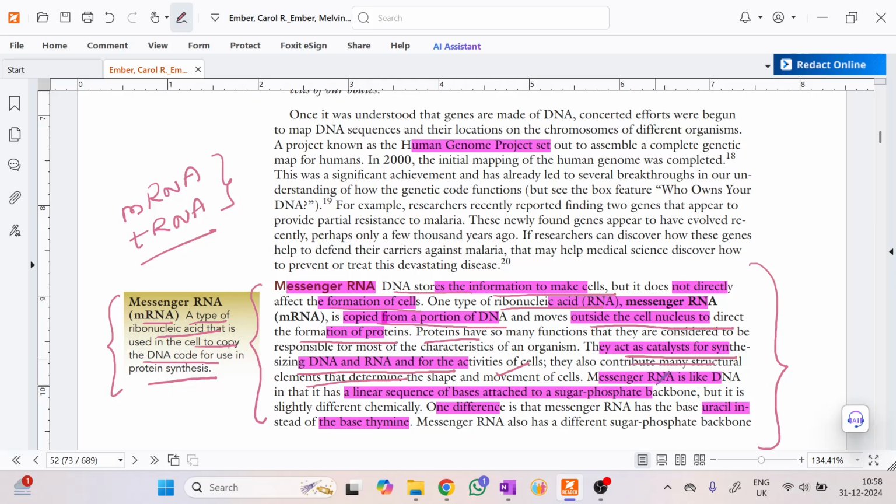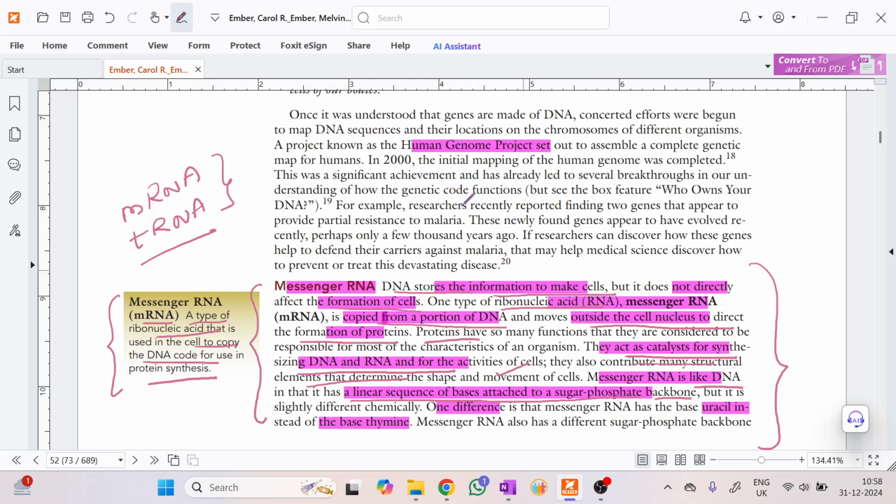So this process, protein synthesis, is initiated and done by messenger RNA, which is like DNA in that it has a linear sequence of bases attached to a sugar phosphate backbone.